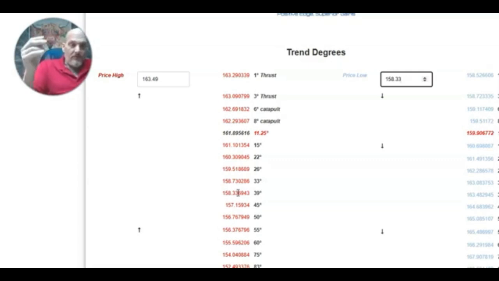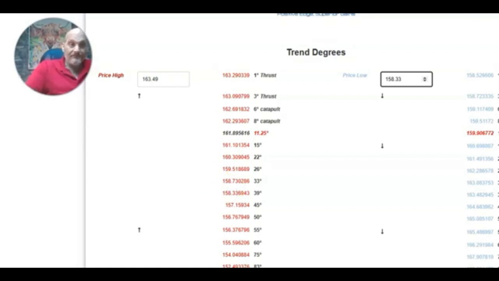Nothing always works. But how I would approach it was a break above 158.33. I'd look for a break of 158.73 as a confirmation for me to get long. My stop loss would then be 158.05. Now we're talking about quite a distance, but my warning would be around that 158.33 level again.